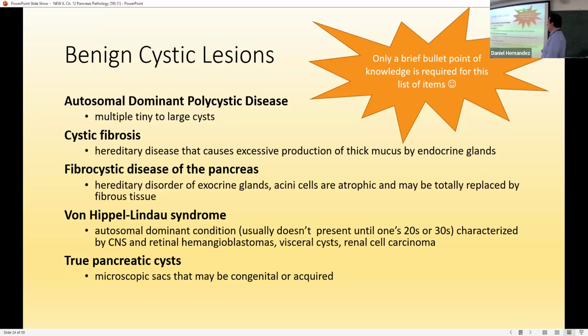So in terms of some of these pancreatic lesions, we have benign cystic lesions. This is breaking down some of the more common causes of benign cystic lesions, the things that can produce them.